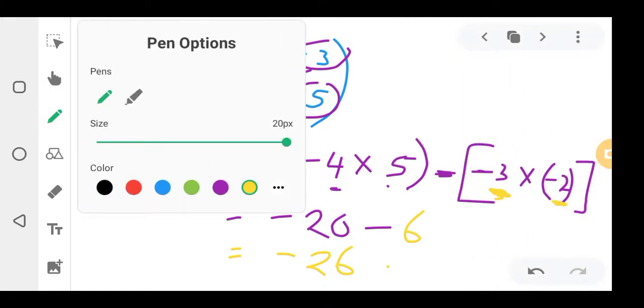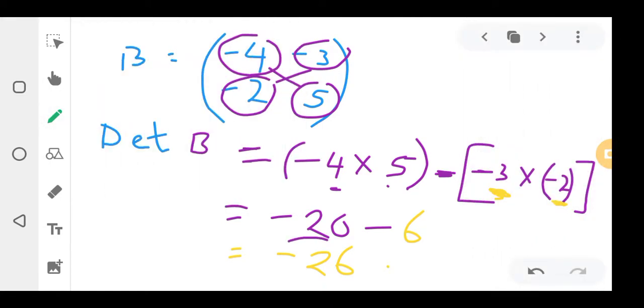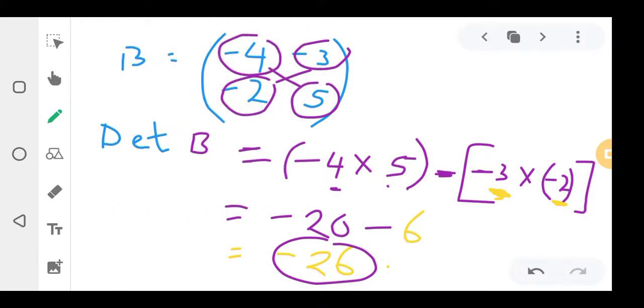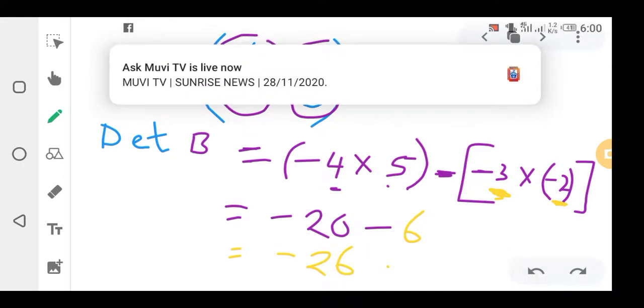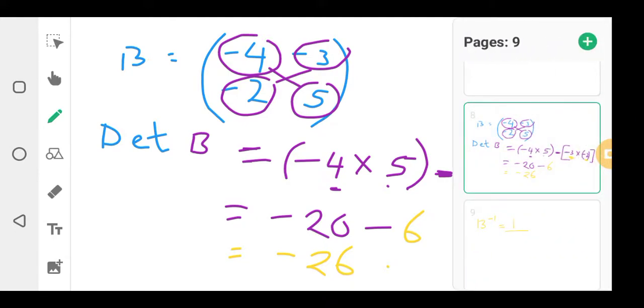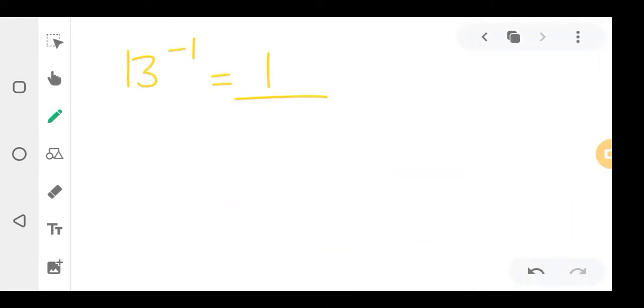What is my determinant? It is -26. So I say 1 over -26, and then I bring the matrix.